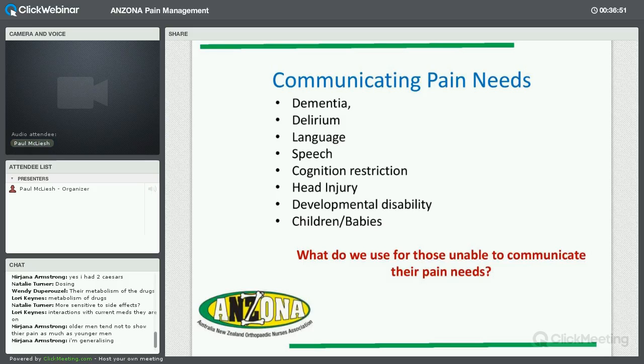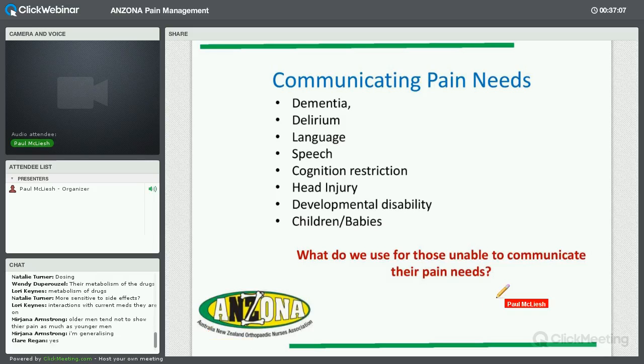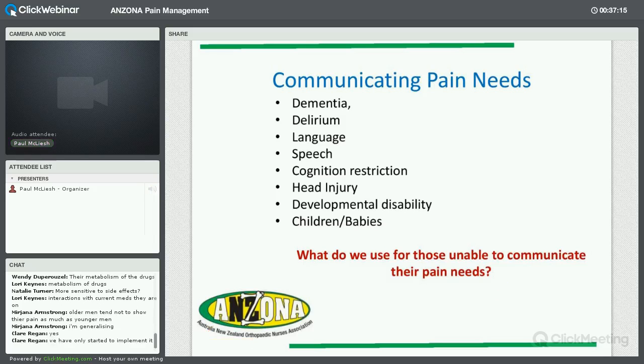And I think someone before said, I wasn't sure who it was, Claire uses the Abbey Pain Scale. So Claire, is that in the acute care setting as well, the Abbey Pain Scale? Okay, cool, excellent. That's pretty much what we're going to be talking about today. How long have you been using that for in your setting? Okay, just recently.